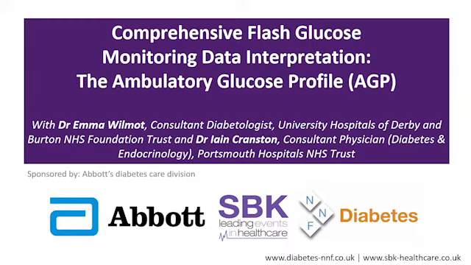It gives you a reference for the time in range in terms of what you're aiming for, but it also tells you for this period of time what this person is achieving against those targets. It also gives you a lot of the validation metrics, and for those of us who like to look at average glucose and variability, it gives us those statistics as well.